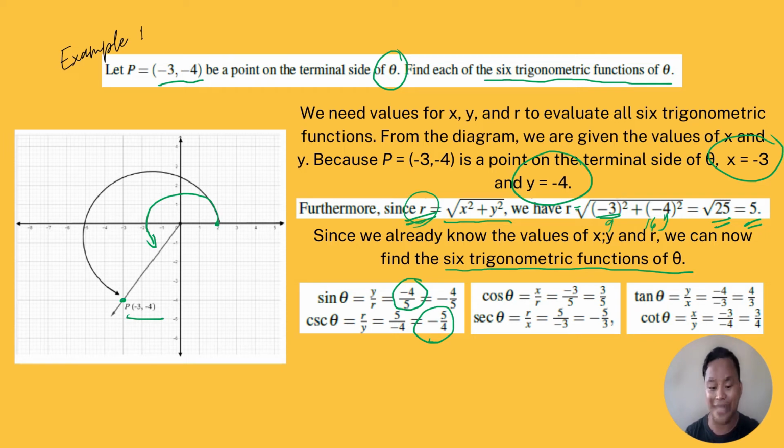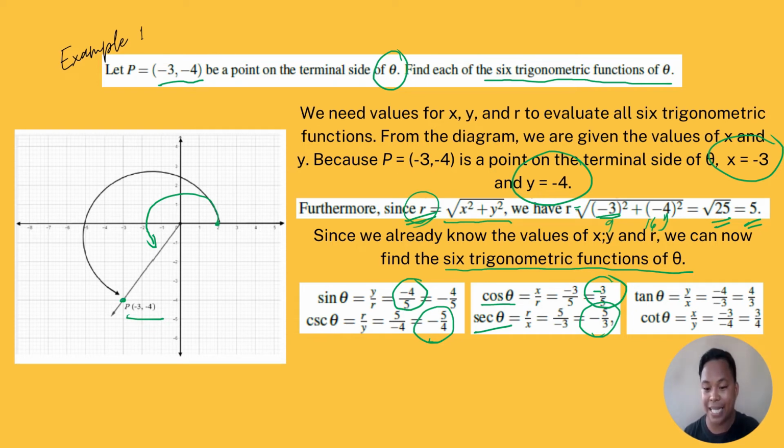For cosine theta, its equivalent is x over r. Therefore, its value is equal to negative 3 over 5. And for secant theta, which is the reciprocal of cosine theta, we're going to take the reciprocal of negative 3 over 5, then it is equal to negative 5 over 3 po.